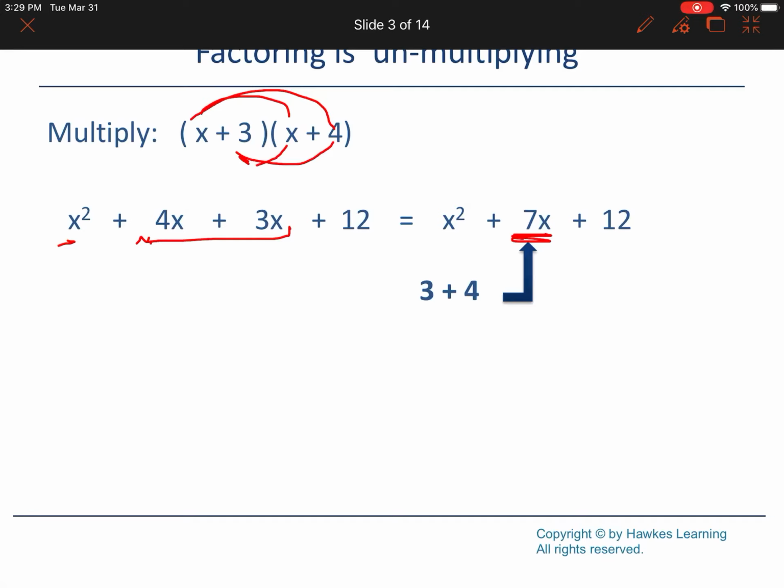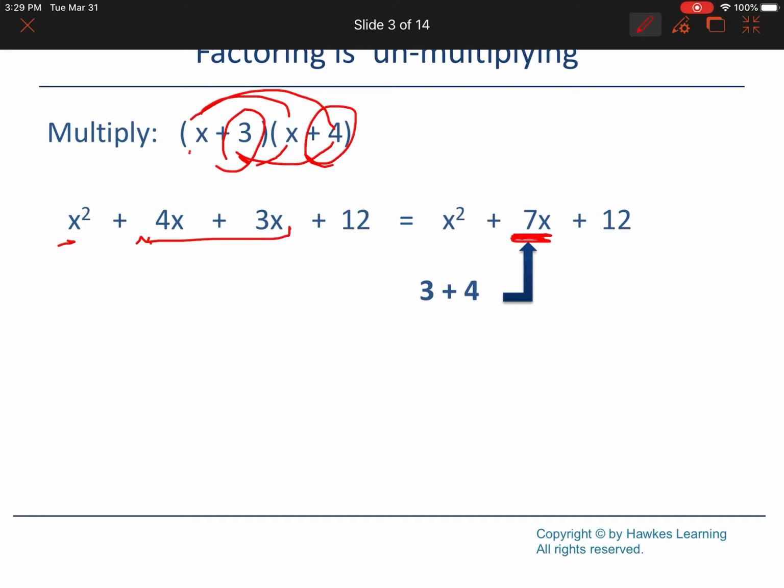So if you notice, that 7 came from the 3 and the 4. Because there's only an x in the first spot, when we multiply x times 4, we just get the 4x, and we just get the 3x.